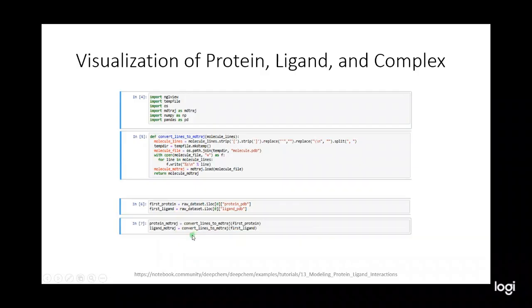Next, we apply our convert_lines_to_mdtraj function to parse this extracted data. This prepares the first protein and the first ligand for visualization using NGLView and MDTraj. The prepared information is stored in protein_mdtraj and ligand_mdtraj.